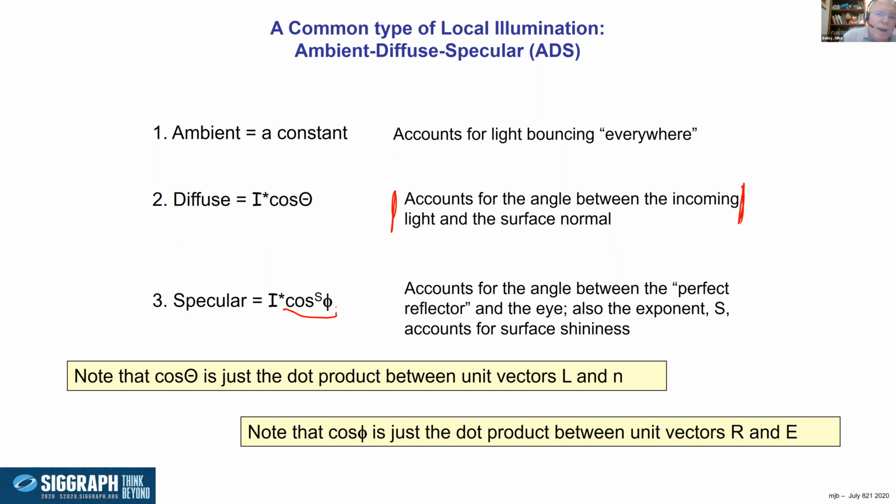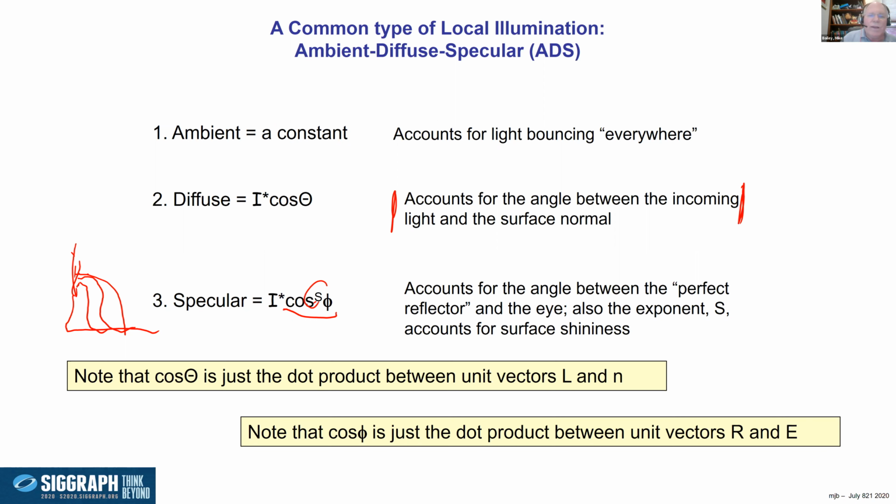The S power here is to raise the cosine to a power, and that makes the reflective bright spot smaller. The reason is, if I draw a graph, cosine to the 1 power looks like this, cosine to the 2 power looks like that, cosine to the 5 power looks like this. That is, you get a lot of falloff. The more you raise it to a power, the more falloff you get.